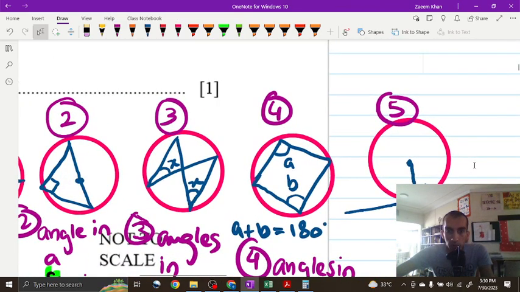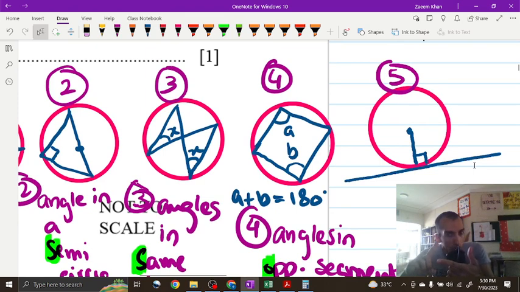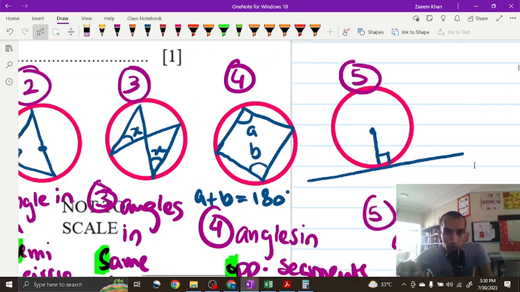Notice something peculiar about this property. Do the corners of the shape meet the circumference of the circle? They do, right? All the corners of that quadrilateral are on the boundary of the circle, right?